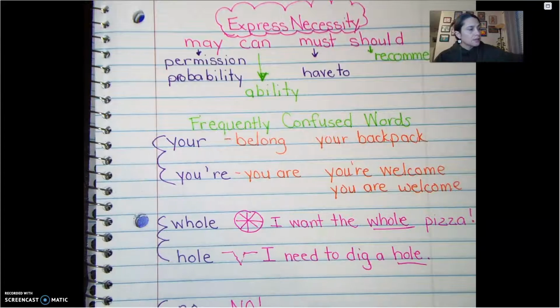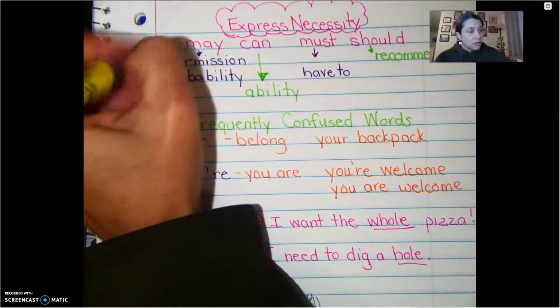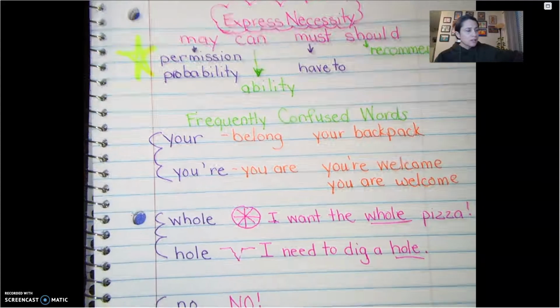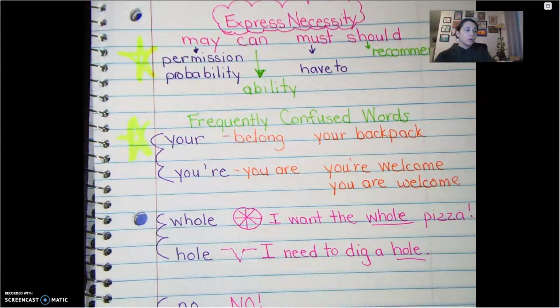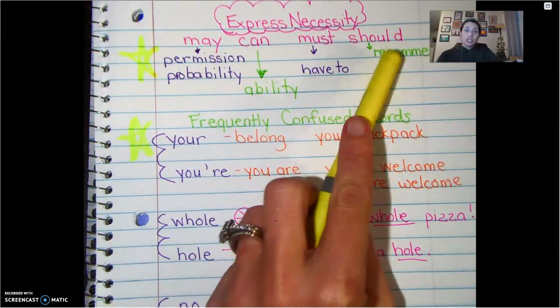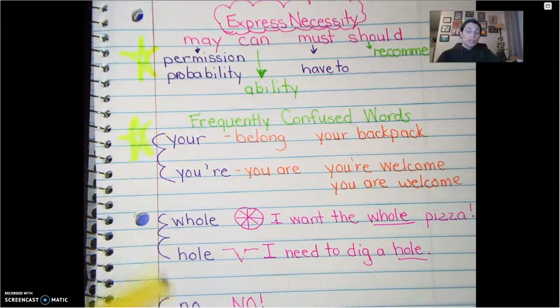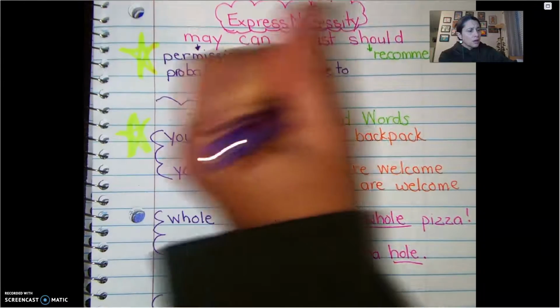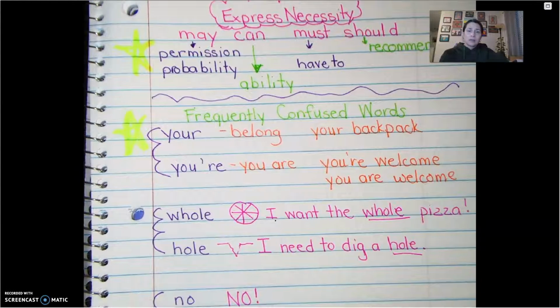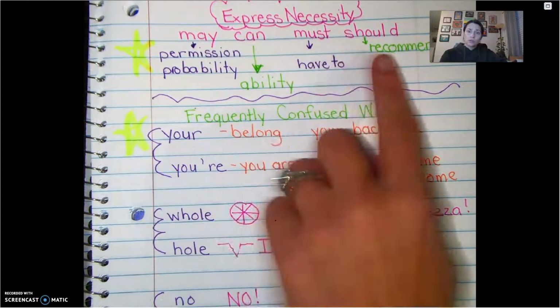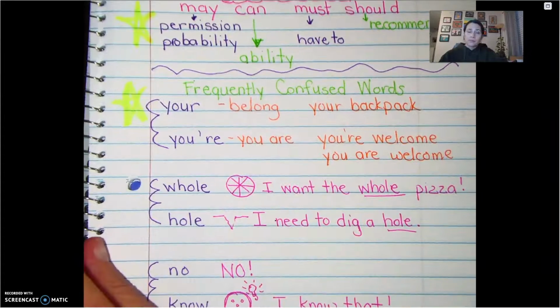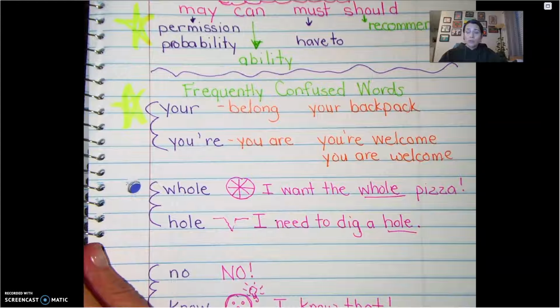Now, both of these are going to be on the assessment next week, so I really want to make sure your notes are good. So you really want to be able to pick out when you do may, can, must, and should, and between these frequently confused words. We want to make sure that we understand what each of these mean and when to use those. All right. So now that once you have your notes, you can use your notes on both assignments.